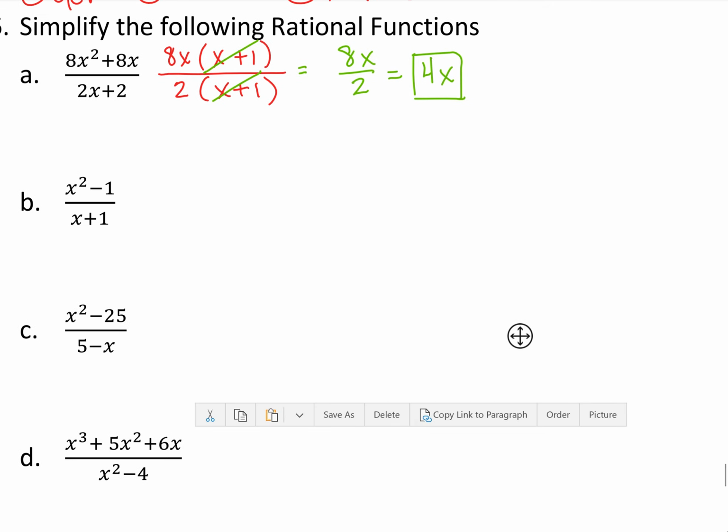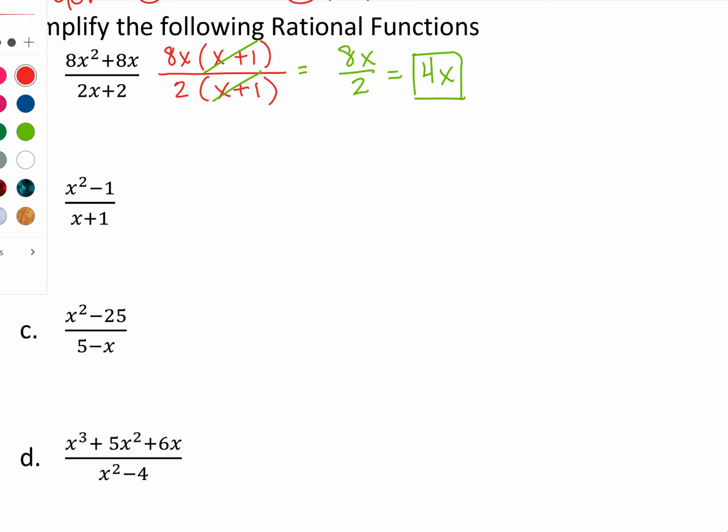All right, B. I have x squared minus 1 over x plus 1. Looking at that numerator, I know x squared minus 1 is a difference of squares.